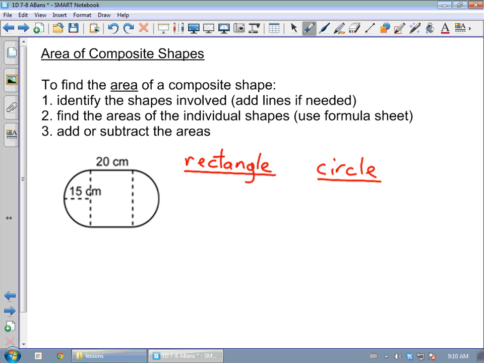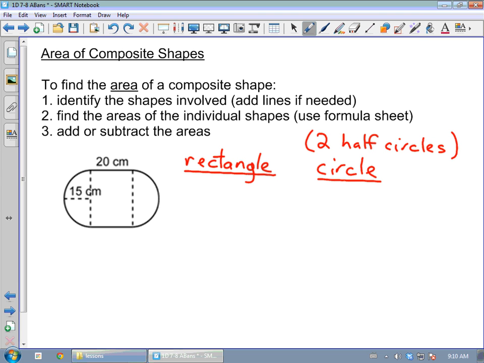Where's the circle? Yeah, we've basically taken two half circles. We've taken a circle, broken it in half, and put half on either end. So we've got two half circles, which are the same as a whole circle for the purposes of the area. So we've got our shapes involved, and we've got them broken up by lines here.